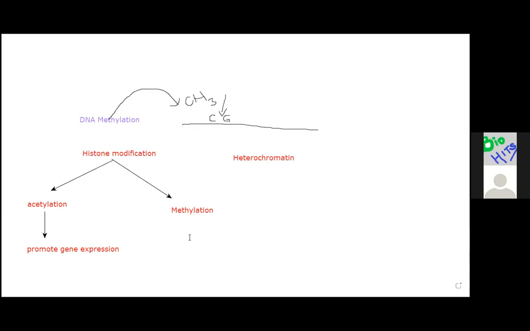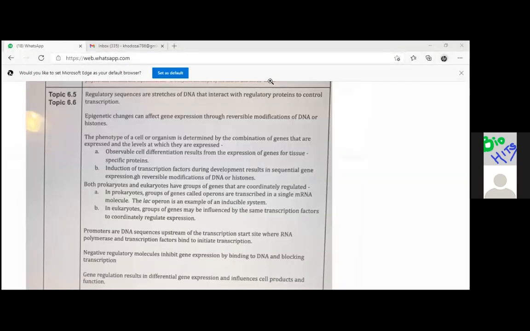Now there comes the last thing in your material that we were supposed to discuss, which is really very important, the Lac Operon concept. Wait, I will show that to you first. Can you see my screen? I'm showing the picture of your WhatsApp group.